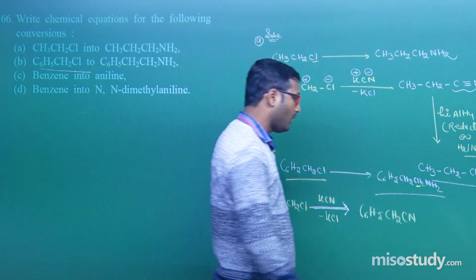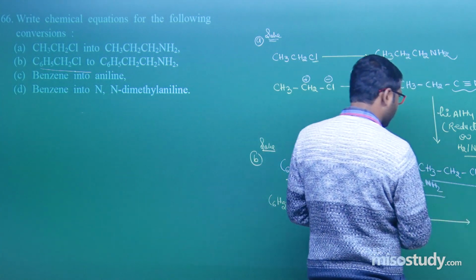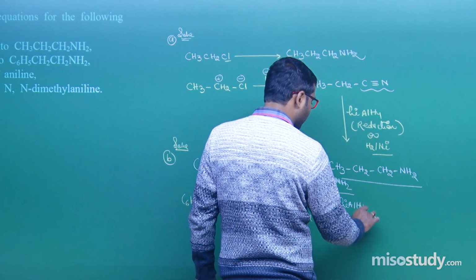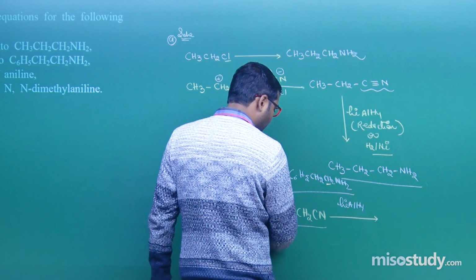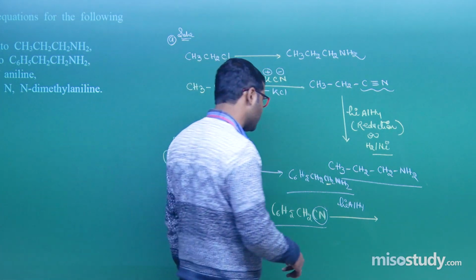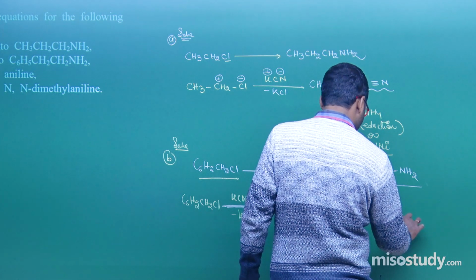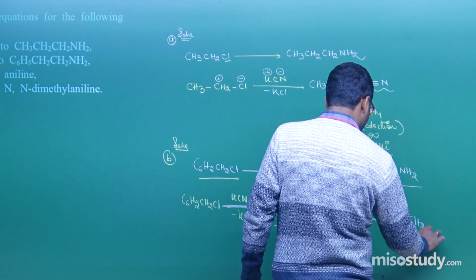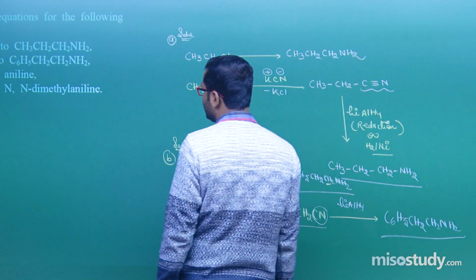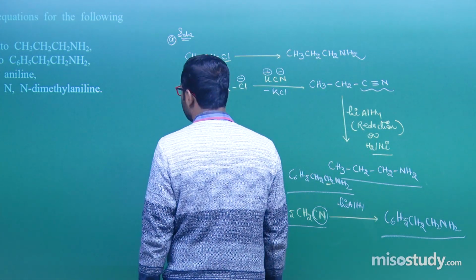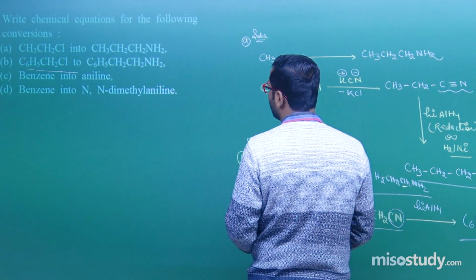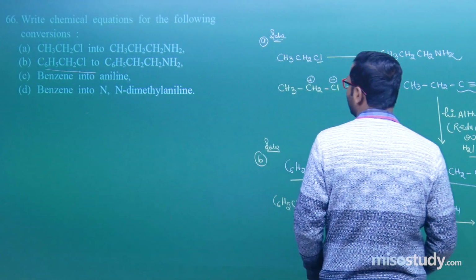Now again reduction takes place in the presence of LiAlH4 or NaBH4 or H2/Ni. Now this CN will be converted to CH2NH2. The final product will be C6H5CH2CH2NH2.